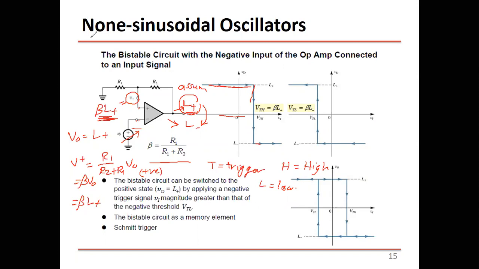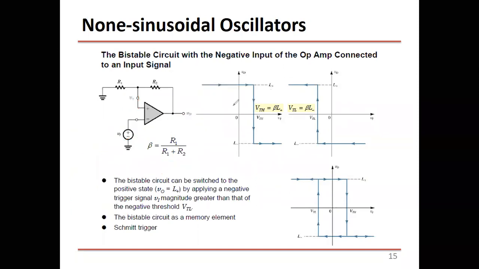Now let's assume the other way around. I'll delete everything here, and let's go back and start from the negative assumption. Let's assume this one is L minus. How much is the voltage here? V plus will be beta L minus. Now V input is bigger than beta L minus, which is here.